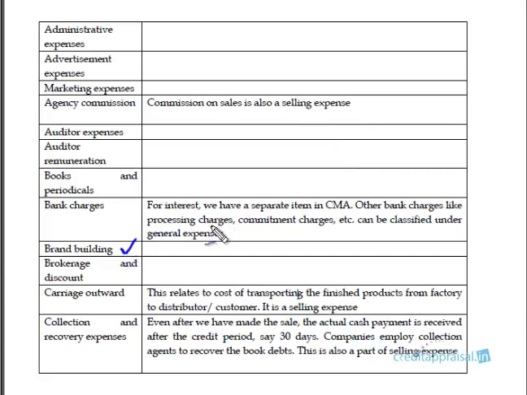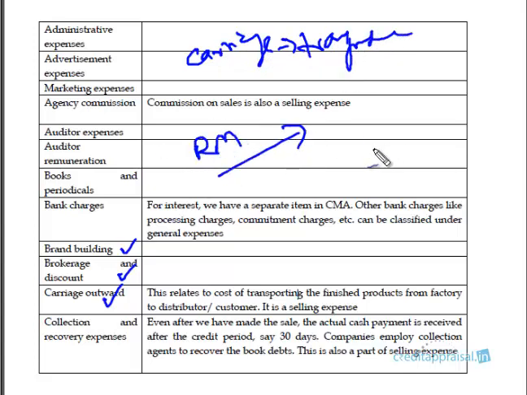Brand building, again this is towards the brand, towards sales, right? So it is a selling general administrative expense. Brokerage and discount, again it's a selling expense. Carriage outward, so we discussed that carriage is something related to transportation, right? So earlier we told that while you transport raw material to the factory, it is a direct expense, right?